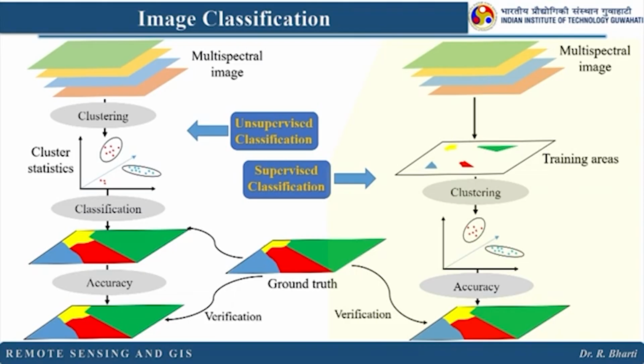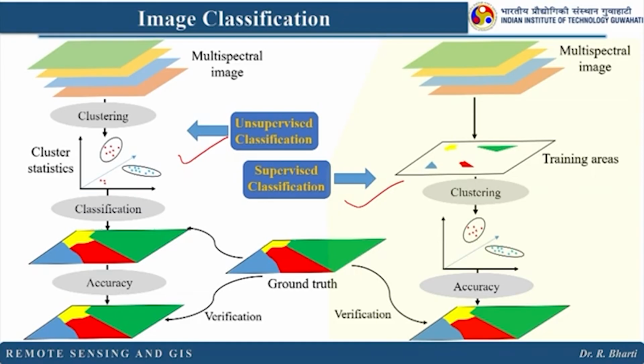I hope you remember what we used to do in unsupervised classification? We used to generate clusters based on some physical laws. In supervised classification, we used to provide information, and based on that the algorithm will generate clusters and ultimately each pixel of the input image will be classified into those classes.